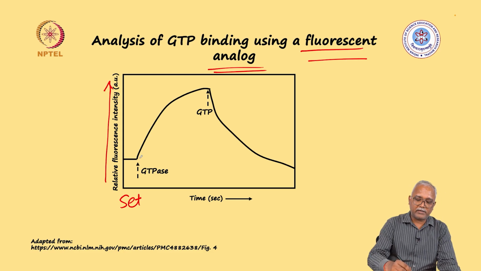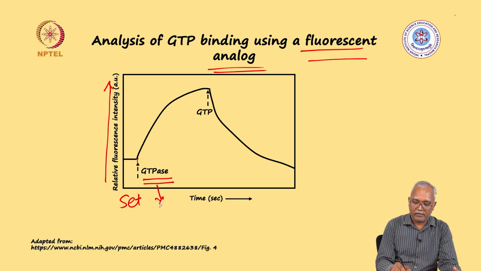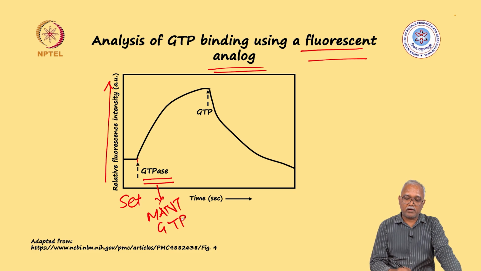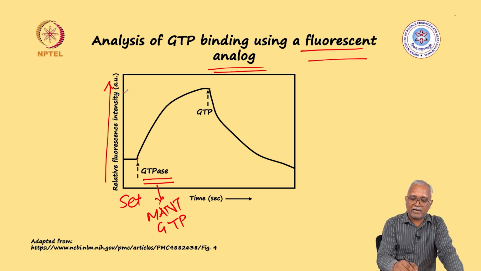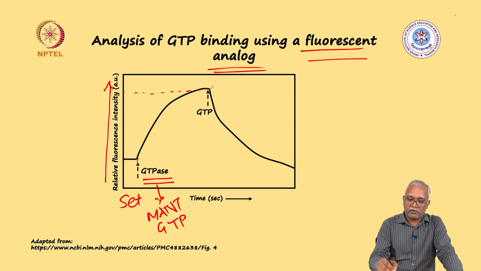You will notice that the signal for fluorescence goes up, which means the GTPase is working fine and more phosphate group is being released. Now think about a scenario where the GTPase was working perfectly fine because you had MANT-GTP, a fluorescent analog. At some point when the reaction is nearing its peak, you add GTP, which is non-fluorescent.